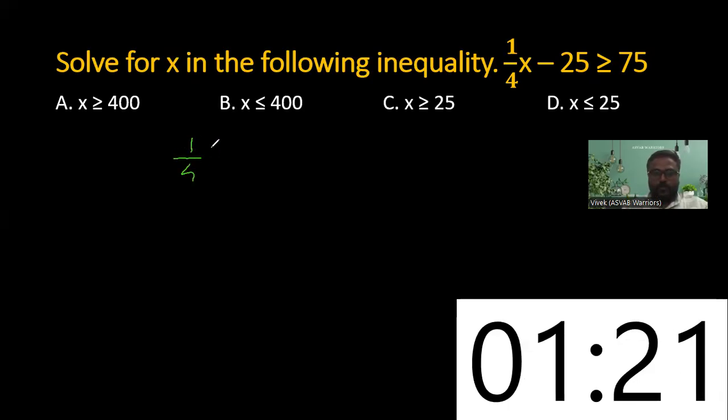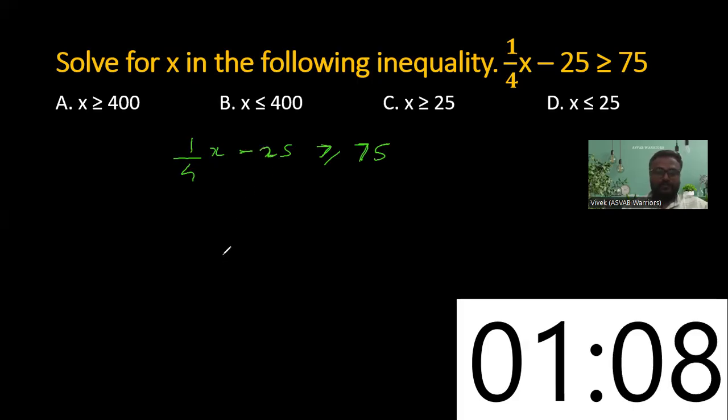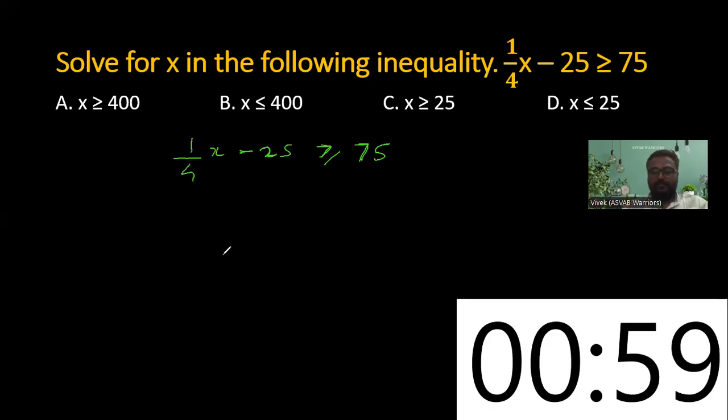It's 1 over 4x minus 25 greater than or equal to 75. I already have an answer from Angie.